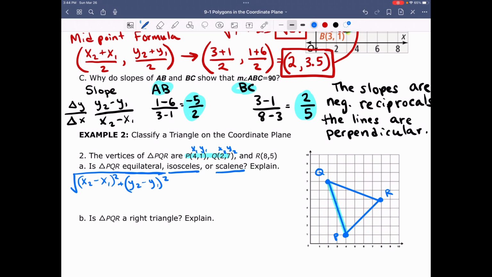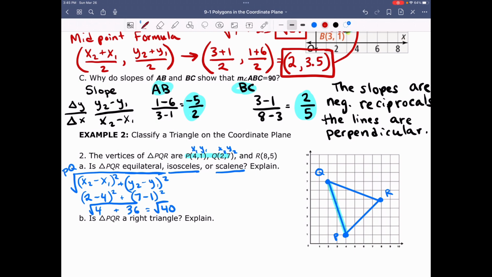For the x's, 2 minus 4 and 7 minus 1 for the y's. You need to keep the order consistent. Actually, it doesn't matter too much because when you square it, it becomes positive. I'm not going to put the square root on there, just remember we're going to take the square root. So this is negative 2 squared is 4. 7 minus 1 is 6. 6 squared is 36. We add those. That equals the square root of 40. And that was the distance from P to Q.